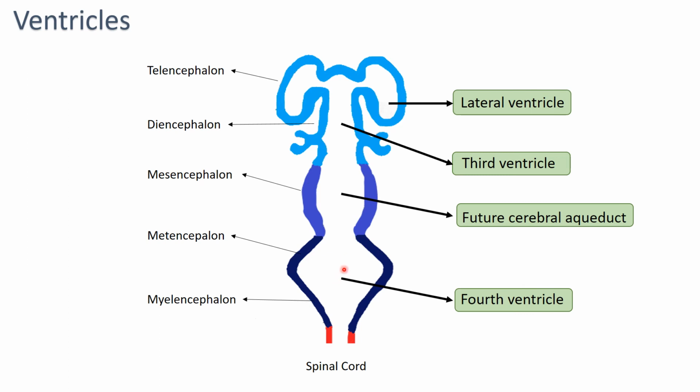And finally, the cavity of the rhombencephalon, which is also continuous with the central canal, is known as the fourth ventricle.